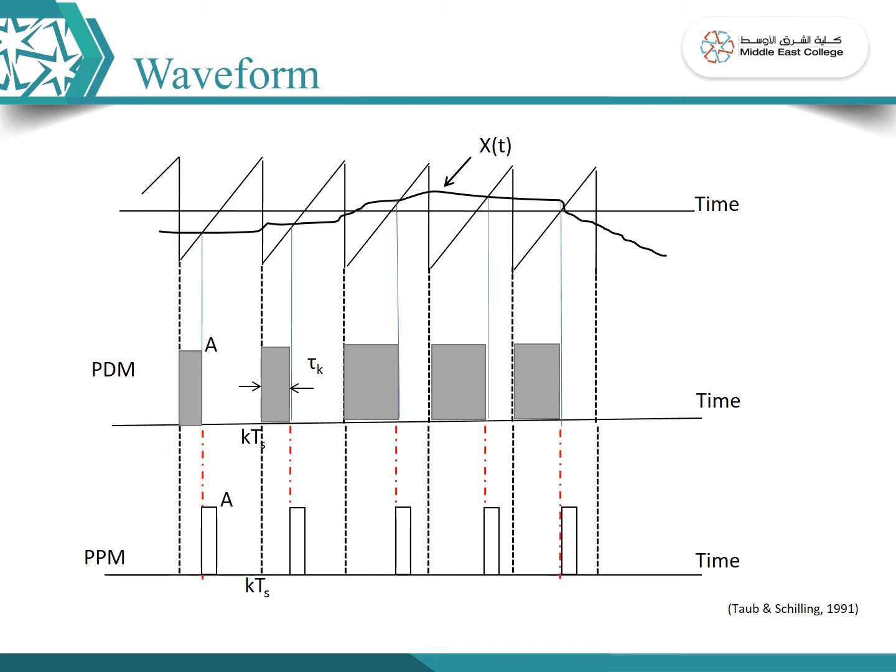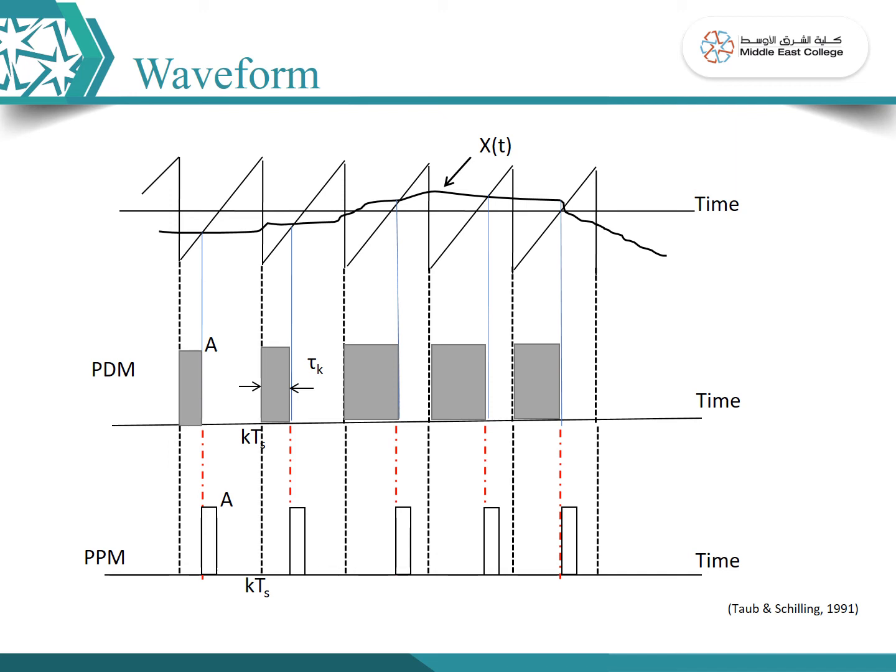See here, this is your message signal. You can see it is continuously varying, and this is a sawtooth waveform. Each part you can check here. Look at this. If you consider from this point to this point, which one is high, your message or the sawtooth? Message signal is high. If the message is high, the output will go high.